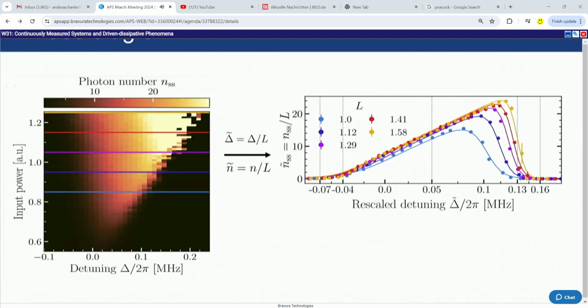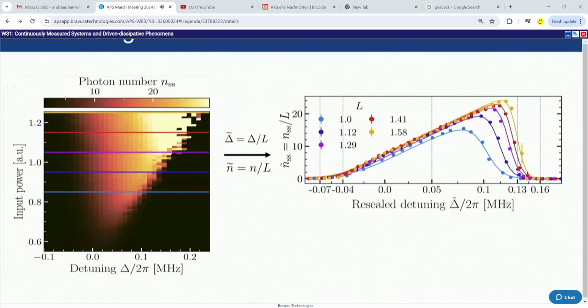Why do we do this? Because the theory has shown that as we increase the scaling parameter L, the system goes more and more towards the thermodynamic limit. So it's a way to implement an effective thermodynamic limit in our finite-component systems.